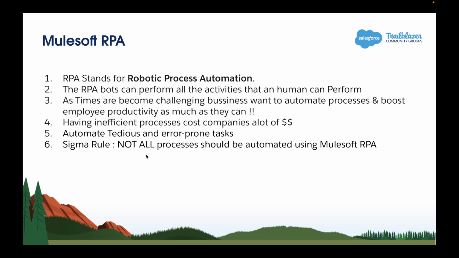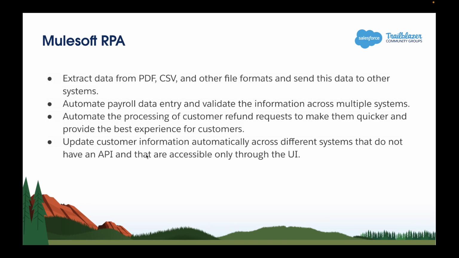Now these are some of the scenarios where we can use Mulesoft RPA or RPA as well. Like extract data from PDF, CSV, and other file formats and send this data to other systems. Now RPA has a particular feature called OCR, optical character recognition.